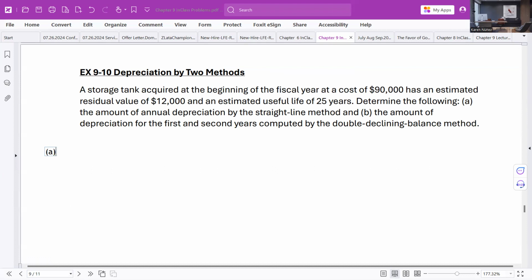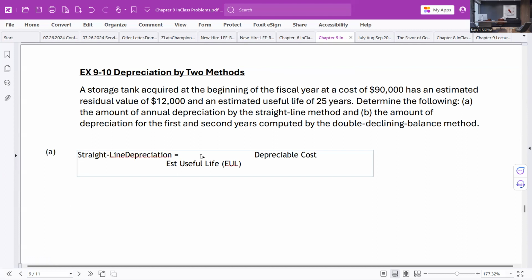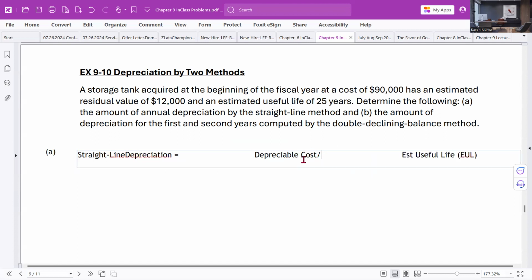So that's all we're going to need here, the cost spread over the estimated useful life.